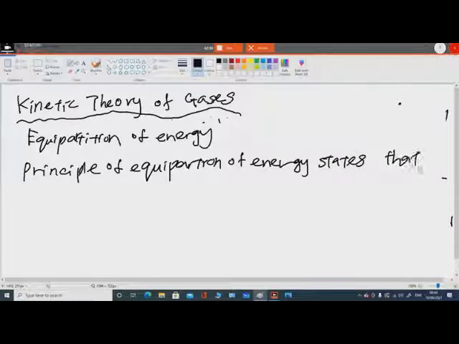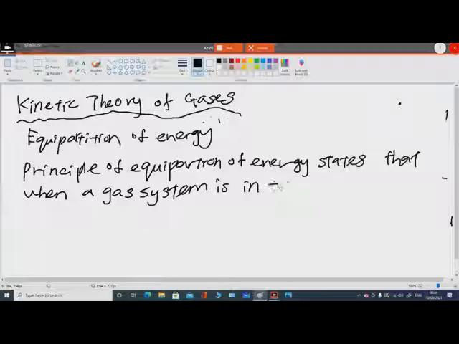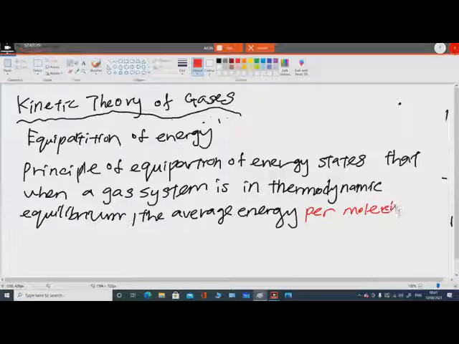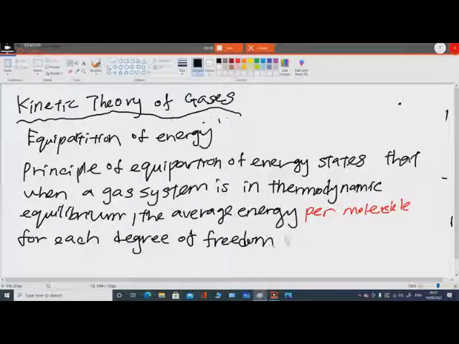when a gas system is in thermodynamic equilibrium, the average energy per molecule, so these are our keywords, per molecule, for each degree of freedom, is actually half kT.